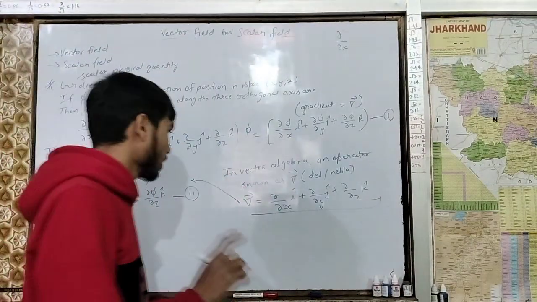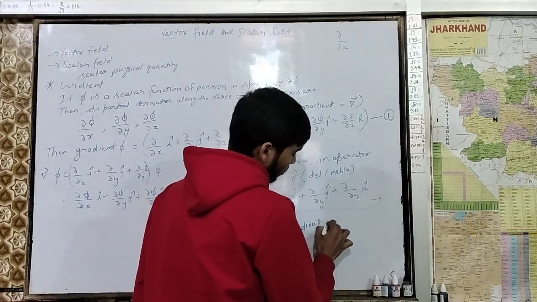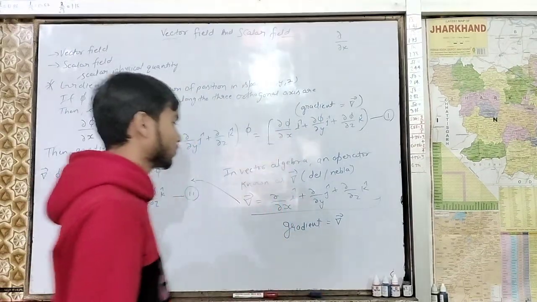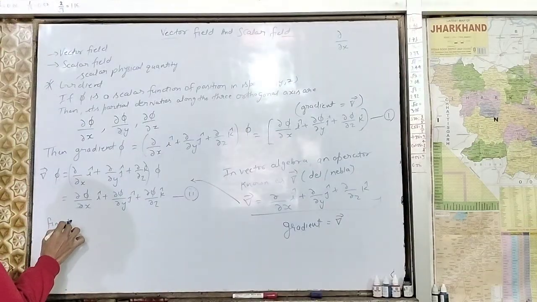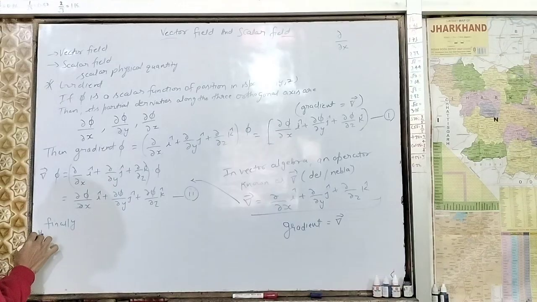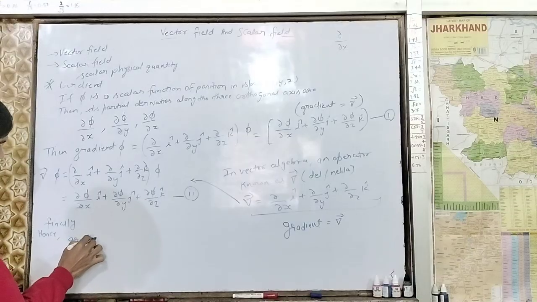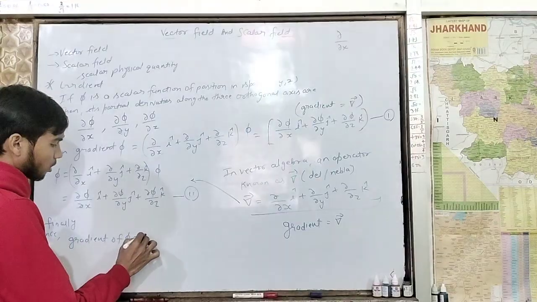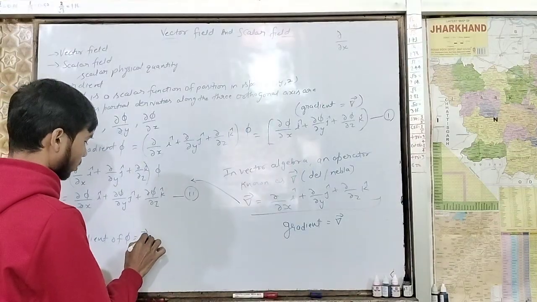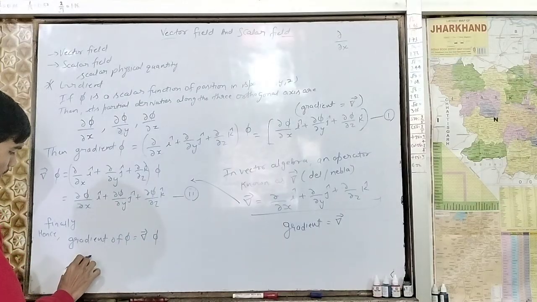That's why I was saying that the gradient is nothing but the del operator. So finally, hence, the gradient of phi is equal to the del operator of phi, or you would say, remember this is a dot product, okay?